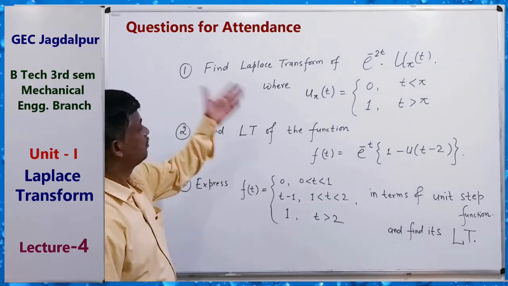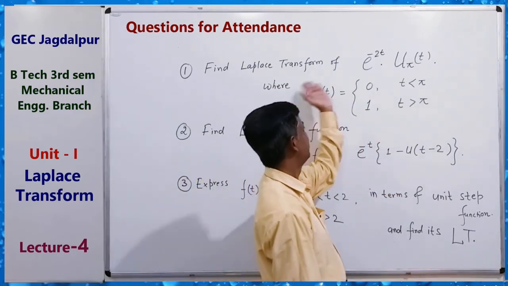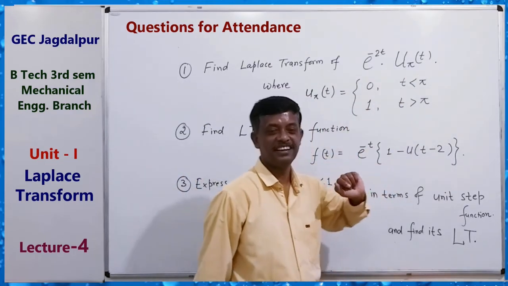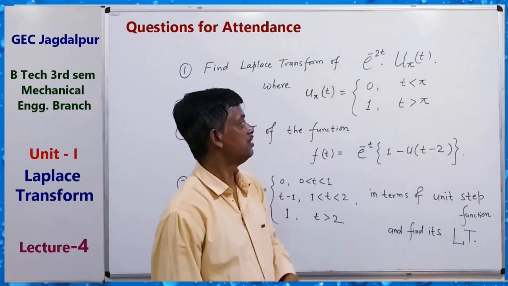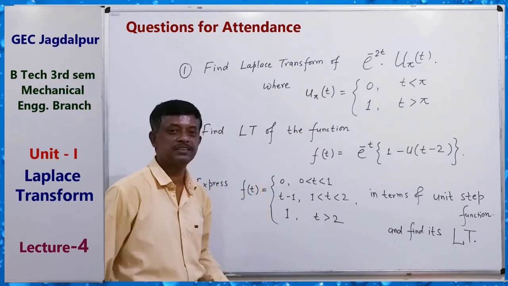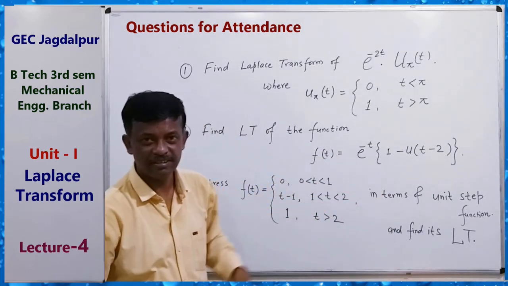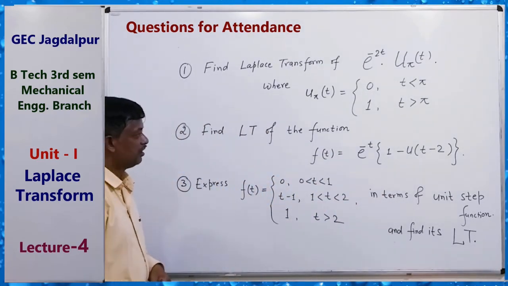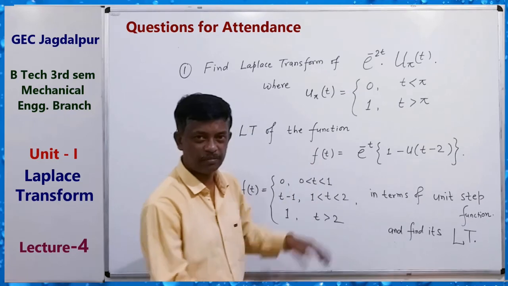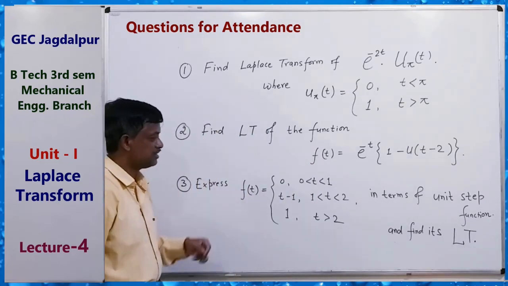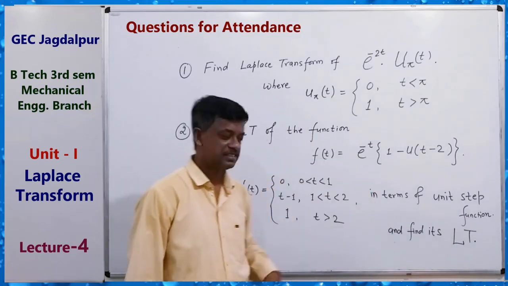Okay. As a hint for solving these questions, you can convert u pi t as a unit step function. So convert it in terms of unit step functions and then find the Laplace transform of these functions by using the formula we just discussed. And this function too you can convert in terms of unit step functions for t between a to b.